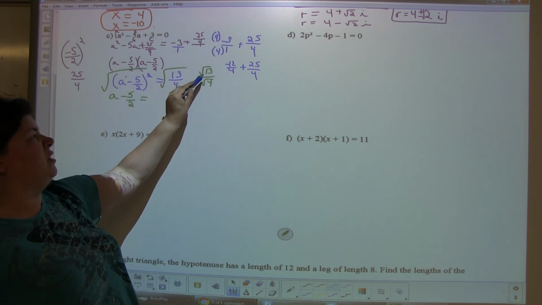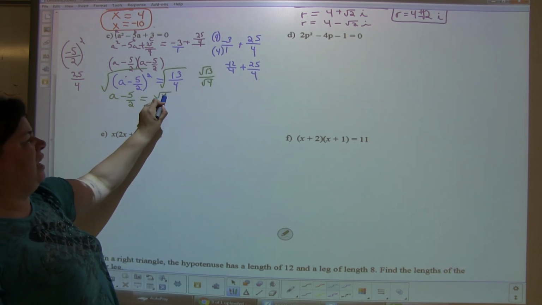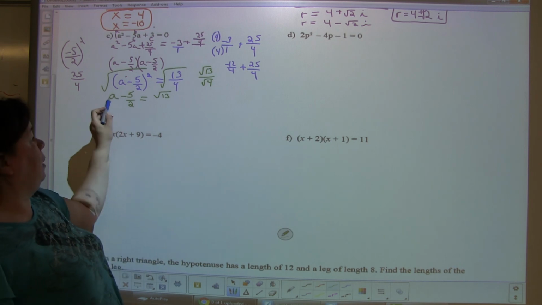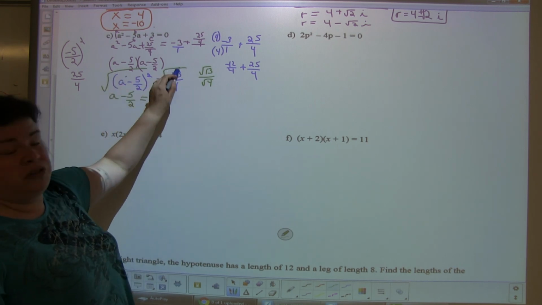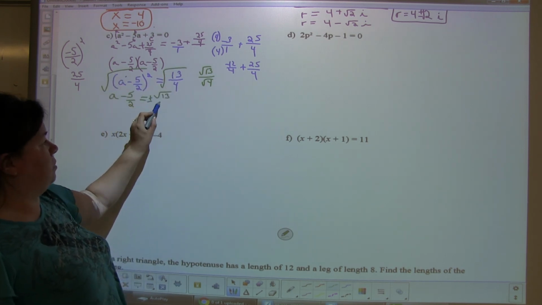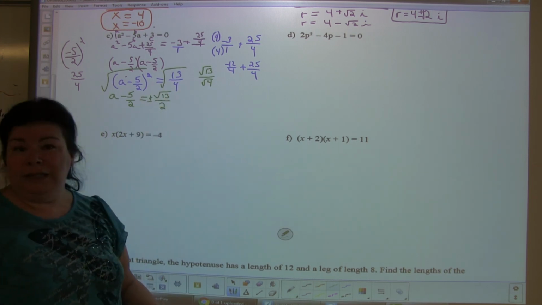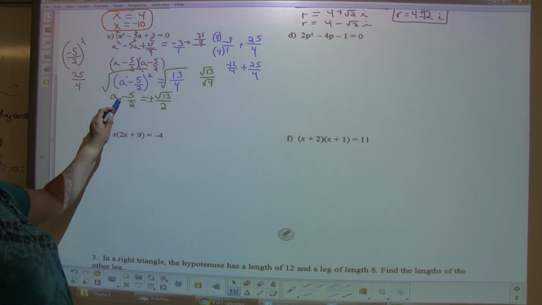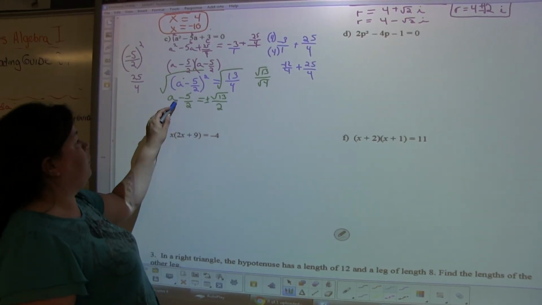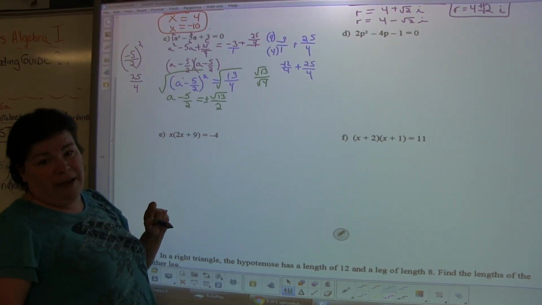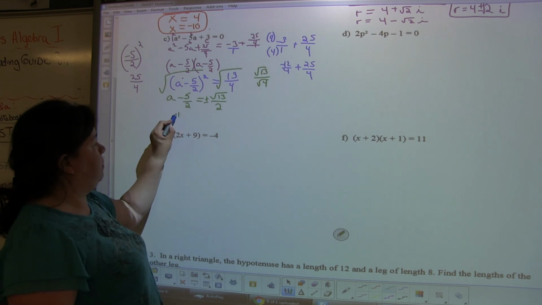And the square root of 13 is the square root of 13. But we took the square root, so remember it's plus and minus. Now the square root of 4 is just 2, so it works out nicely. We have to solve for a, so we have to get rid of -5/2 by adding 5/2 to both sides.